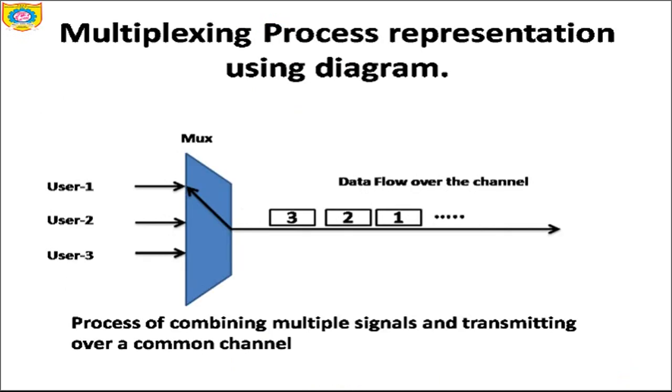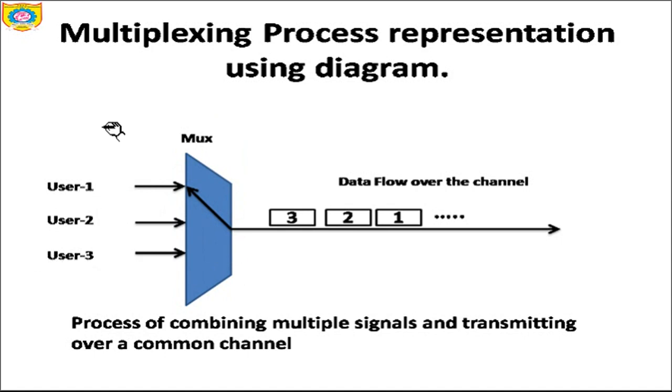Coming to the next point, how the process of multiplexing is carried out is represented by this simple diagram. This block is called a multiplexer, and this is the transmitter side. Here you can see three users: user 1, user 2 and user 3.